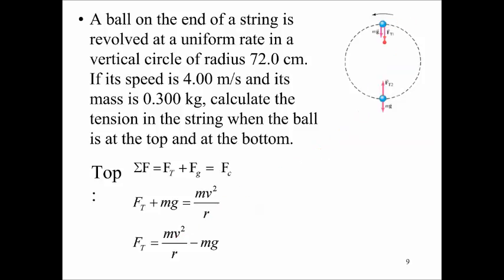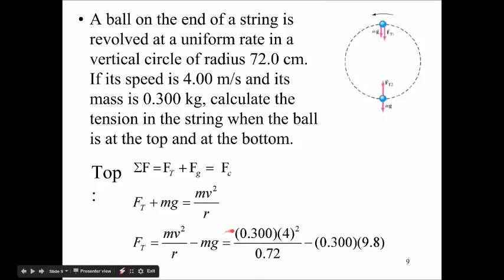Now I know this doesn't look intuitive. These are not the two forces that we're looking at here, because the tension is what we're calculating. So that's in the same direction as the weight. This centripetal acceleration is what's causing it to go in a circle. So we have mv squared over r minus mg.